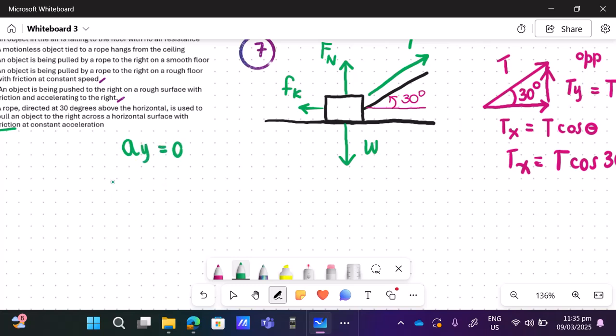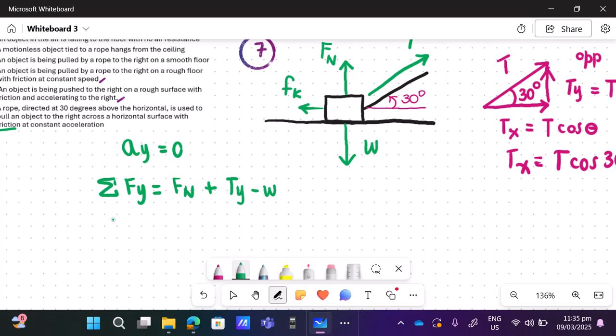And then, summation of forces along the y-axis is equal to the sum of all vertical forces. So we have here, up is positive, down is negative. We have F sub n plus another force along the vertical, which is the tension, so T sub y, minus weight.